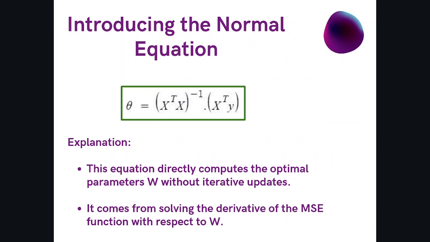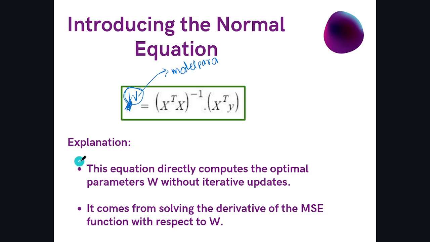Introducing the normal equation. Now don't get confused by this particular theta. This is W. This is our model parameter, that is, the weights. We just have to find the best value for W, right? This is the parameter of our model, that is, the model parameter. Now don't get scared by this formula.